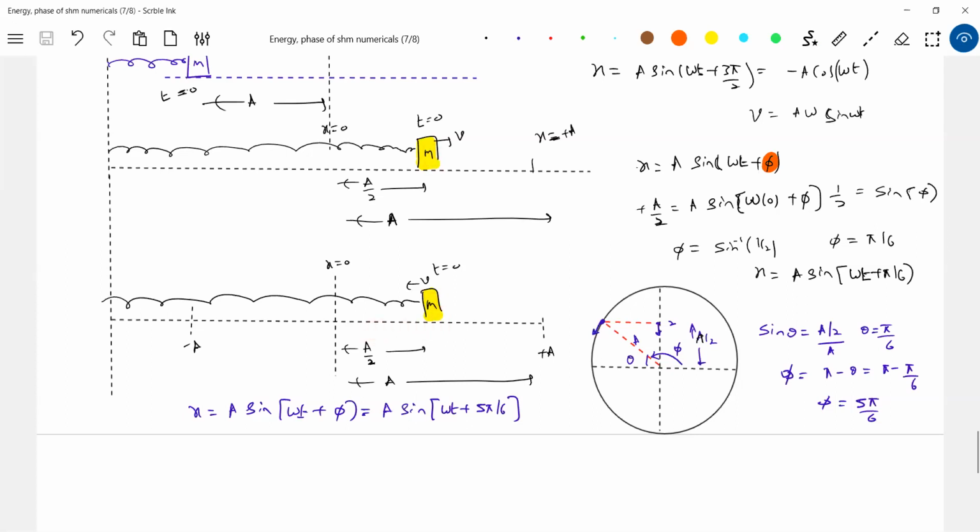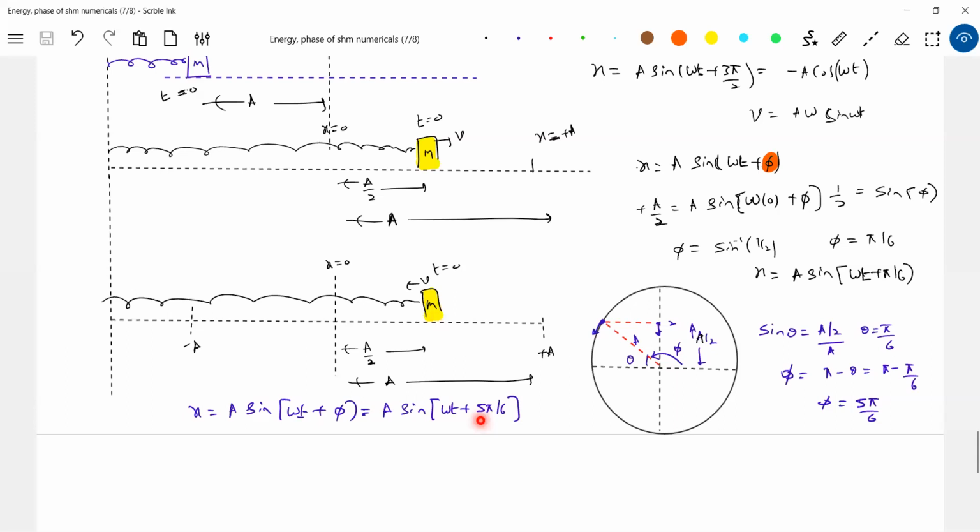Yes, no. If I don't have this phase concept, is it possible for us to express this motion? Not possible. Using language, I may say that the particle is at plus A by 2 moving away from mean position, or at plus A by 2 moving towards mean position. But can you use moving away or moving towards mathematically? Not possible. Now I can do mathematics. We are bringing in mathematics so that things become very systematic.